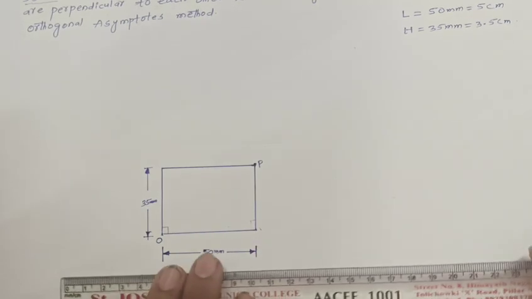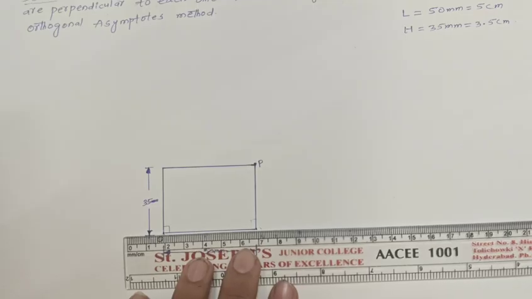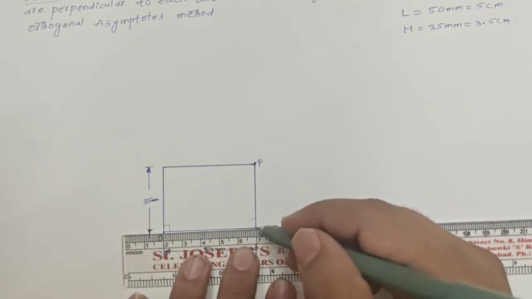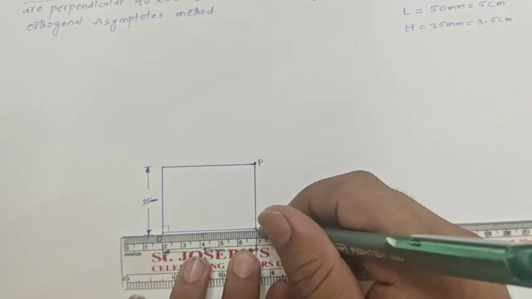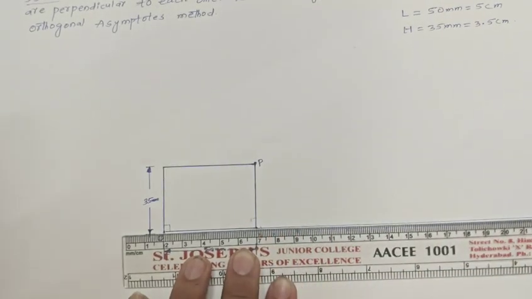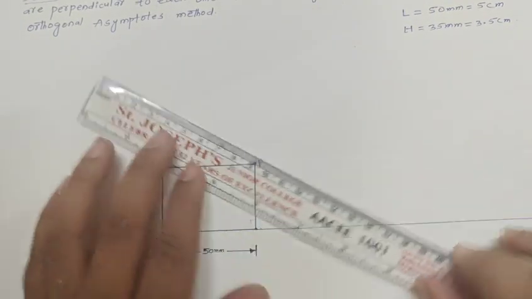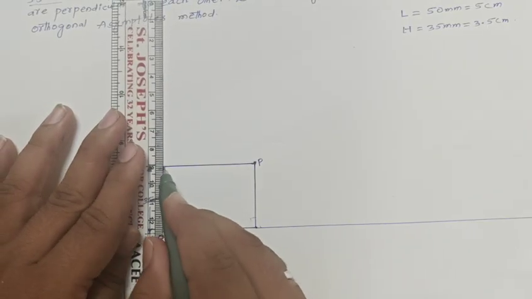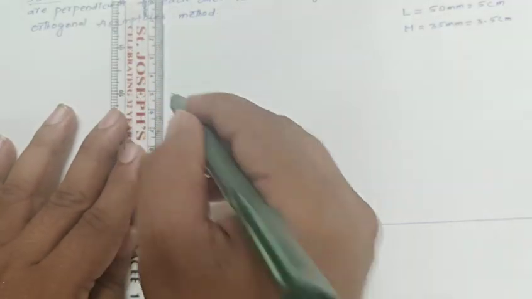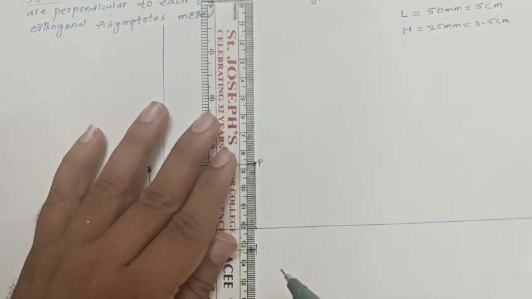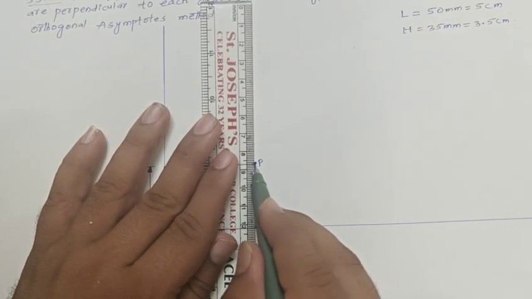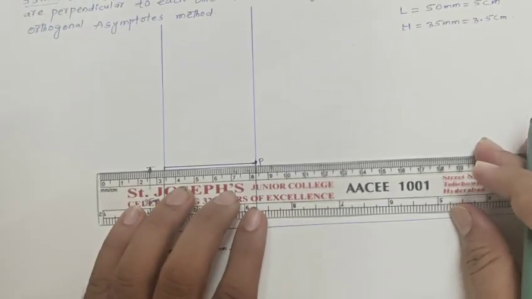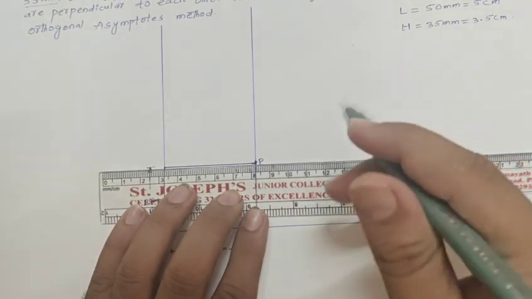No need to measure the length, but I am telling you, from this point you just need to extend the line. From this point also, you need to extend the line. And from this point also, extend the line. Clear?